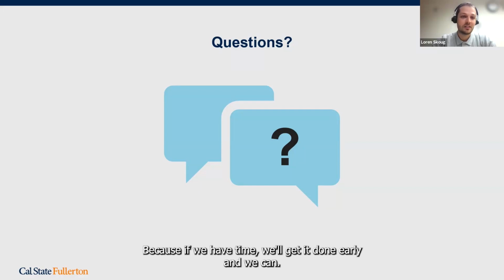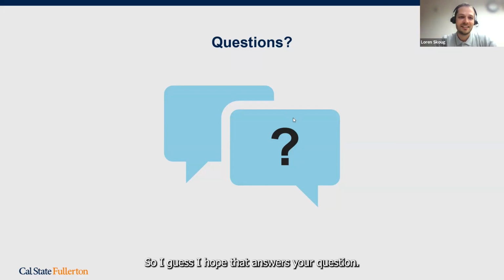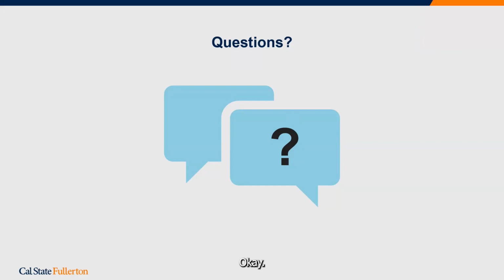Because if we have time, we'll get it done early, and if any issues come up that could delay the process, we'll be able to take care of that if it does take more time. So my response would be as early as possible. Okay, thank you.